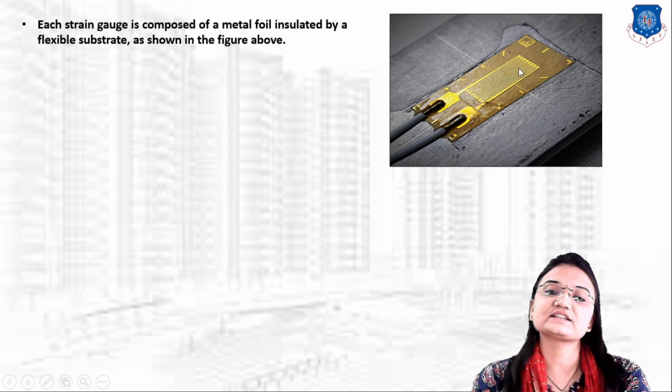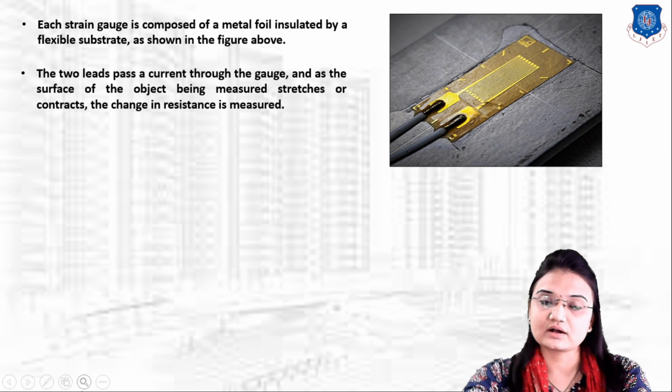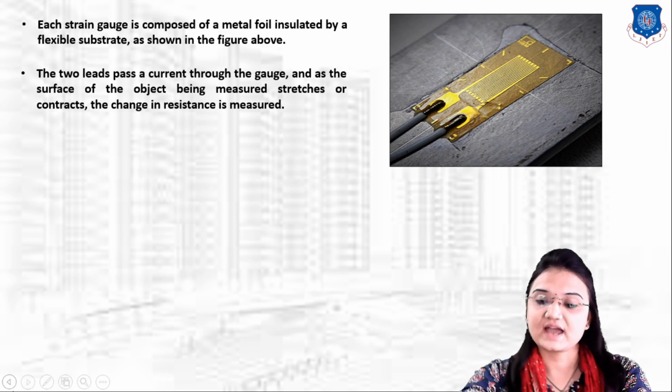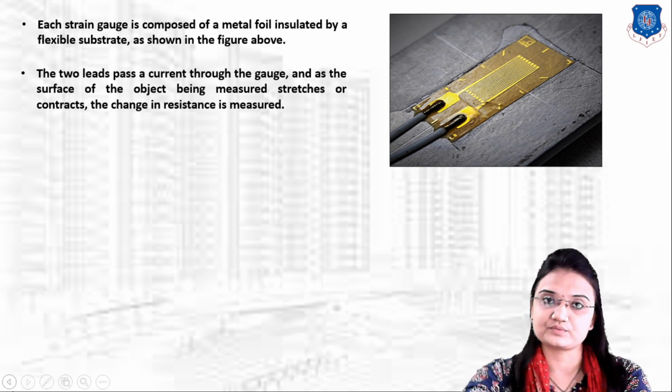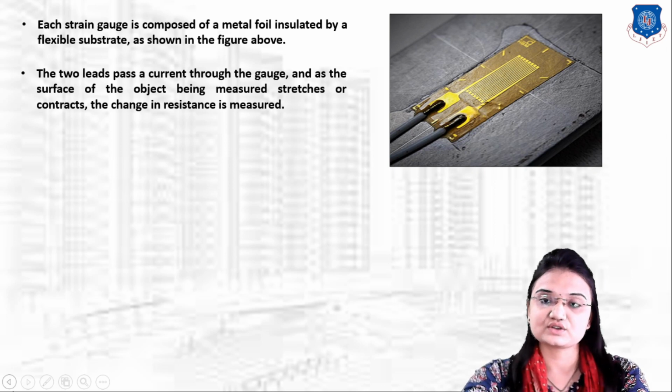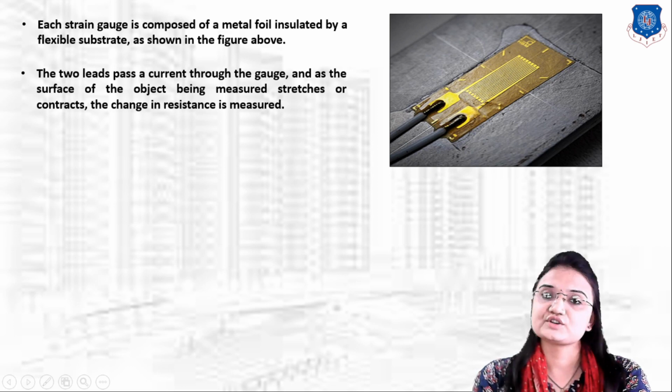You can clearly see in this figure, this one is the metal foil. Then the tool lead passes a current through the gauge. As the surface of the object being measured stretches or contracts, the change in resistance is measured with the help of the Wheatstone bridge circuit.